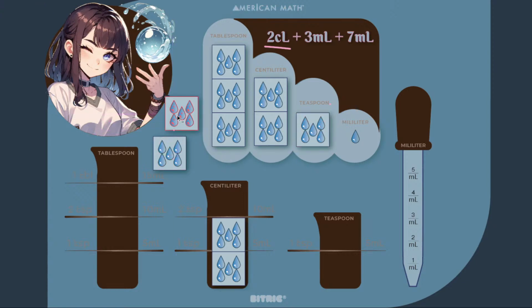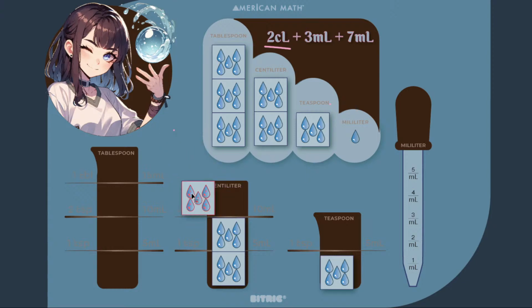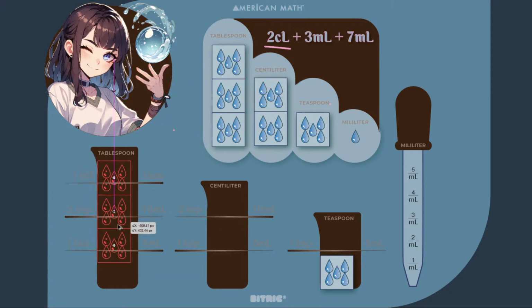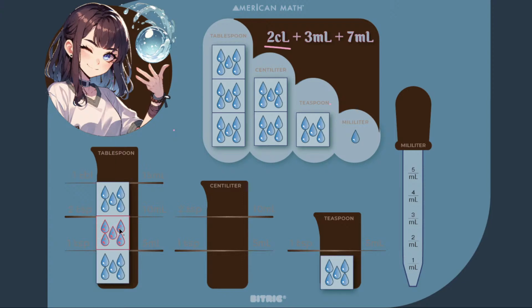So boom. We could do that and then place 1 into the teaspoon, and then we could clear and carry our centiliter in 1 additional teaspoon and turn that into a tablespoon. That's something we could do. But for now, I'm going to leave it at that.